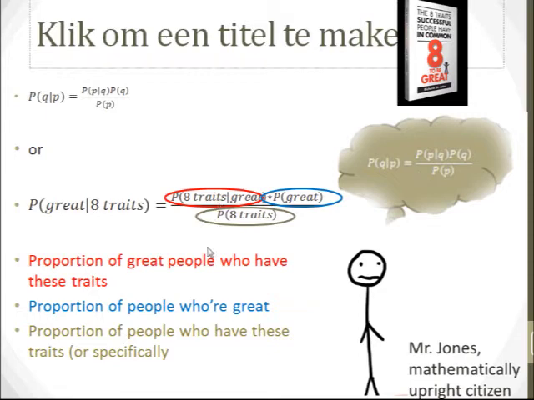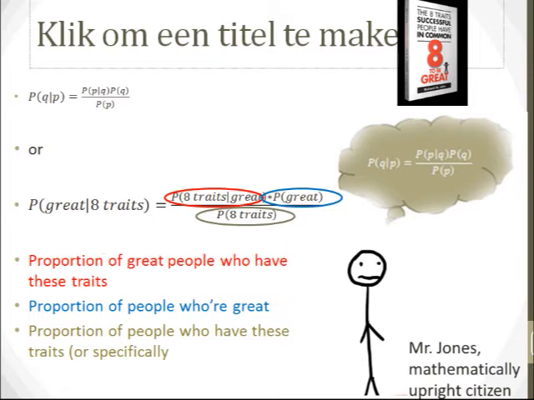And in brown is indicated the proportion of people who have those traits. I wanted to write something else specifically here, but just assume with me that this indicates the proportion of people who have those 8 traits in the population. So if you draw again at random a person from the population, what is the probability that that person has those 8 traits?